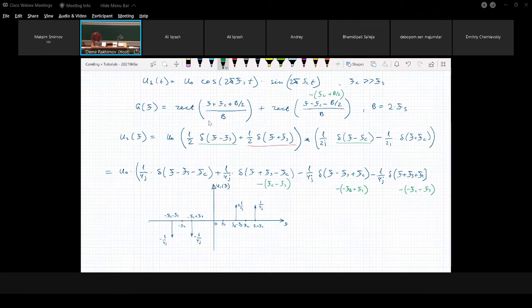At the same time, beta, or capital B, equals 2fs. So we can rewrite it as minus fc plus fs. So this is the center frequency of our rectangular pulse, so its position will be at this point.